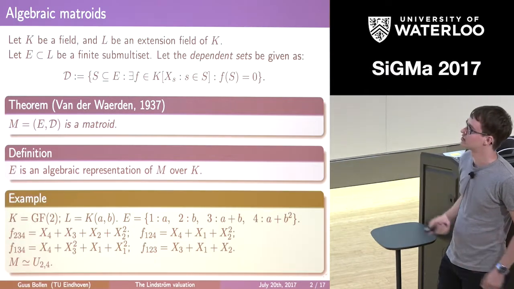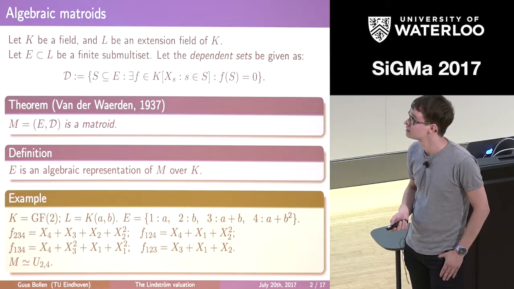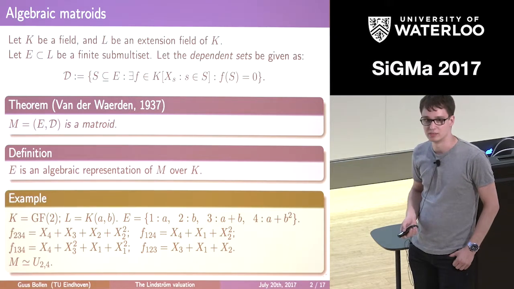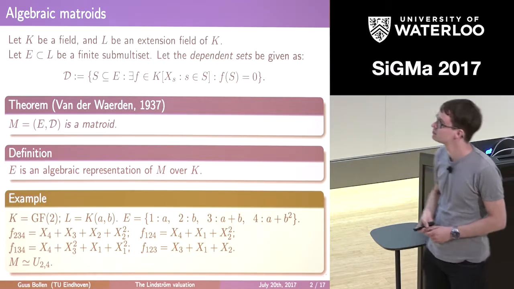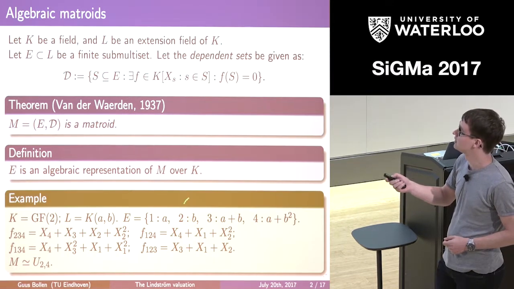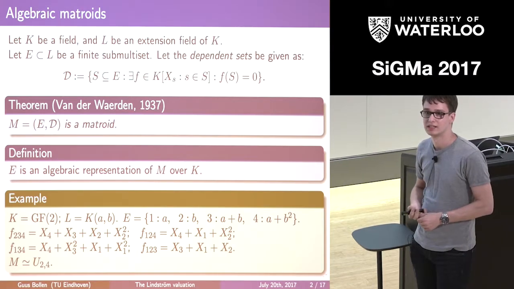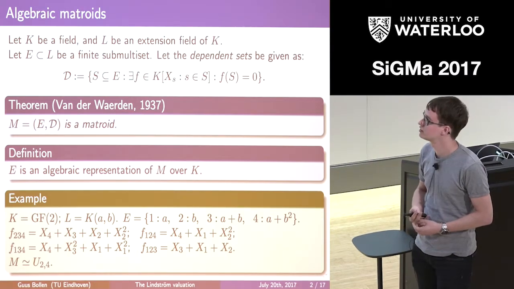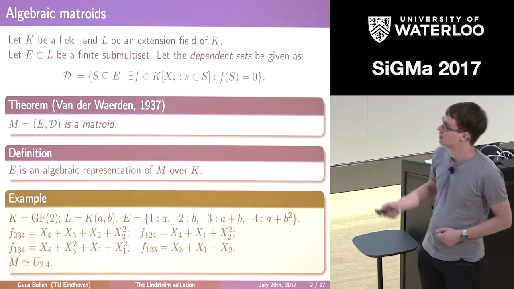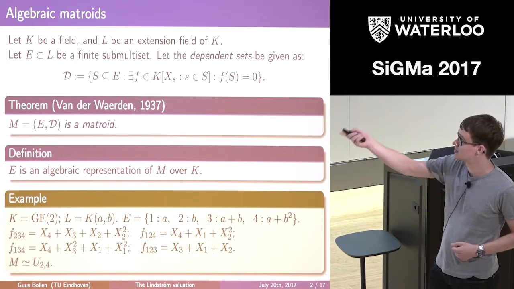So just an example, if our field is the field of two elements and we extend that field by A and B, then we can take A, B, A plus B, and A plus B squared as our algebraic representation of some matroid. Well, some of the relations that we get are listed here.